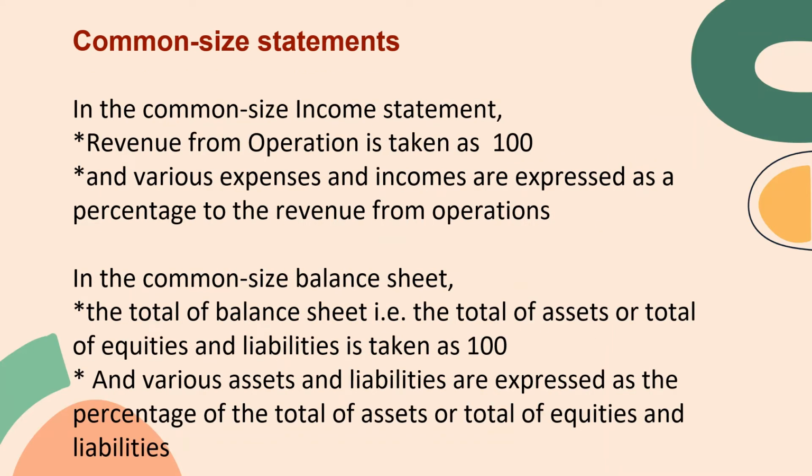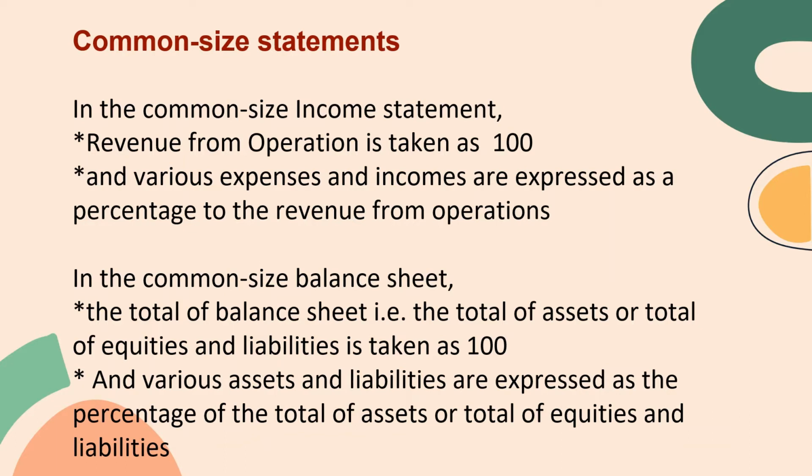In the common size income statement, the revenue from operation we take as a common base, so we have to keep it as 100, and various expenses and incomes are expressed as the percentage of revenue from operation. But in comparative statement, we take 2 years values and compare, and we express as percentage based on the previous year amount.